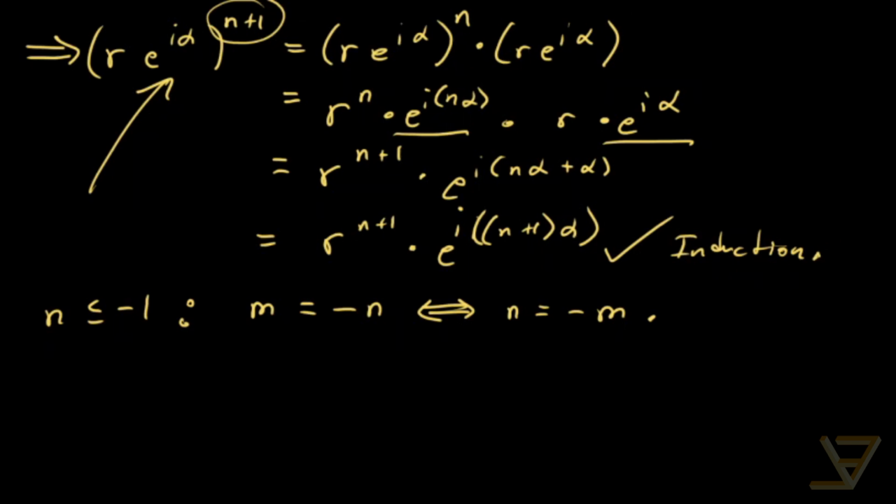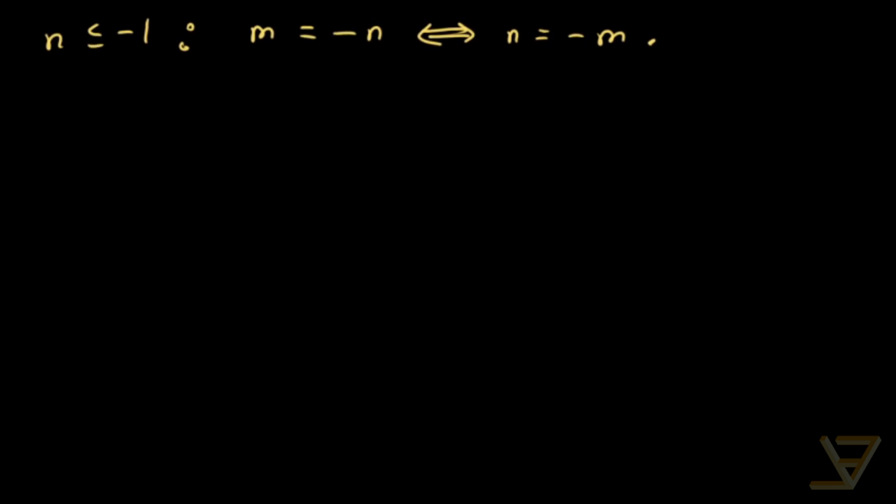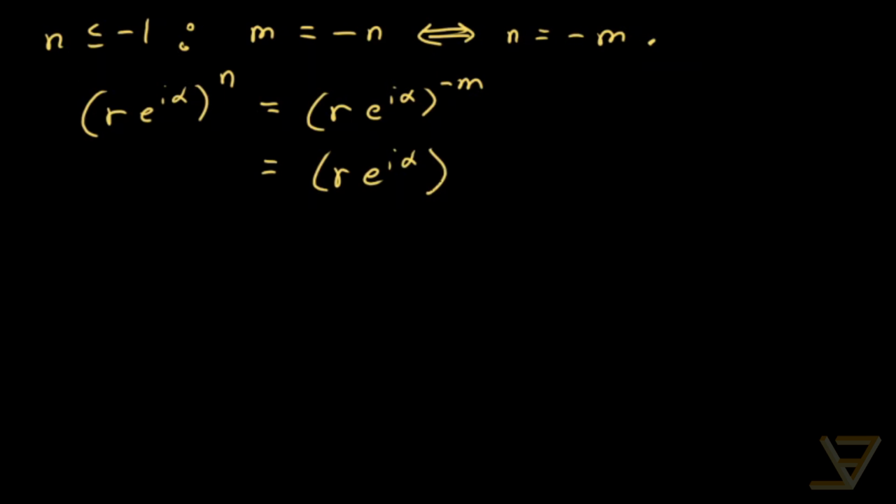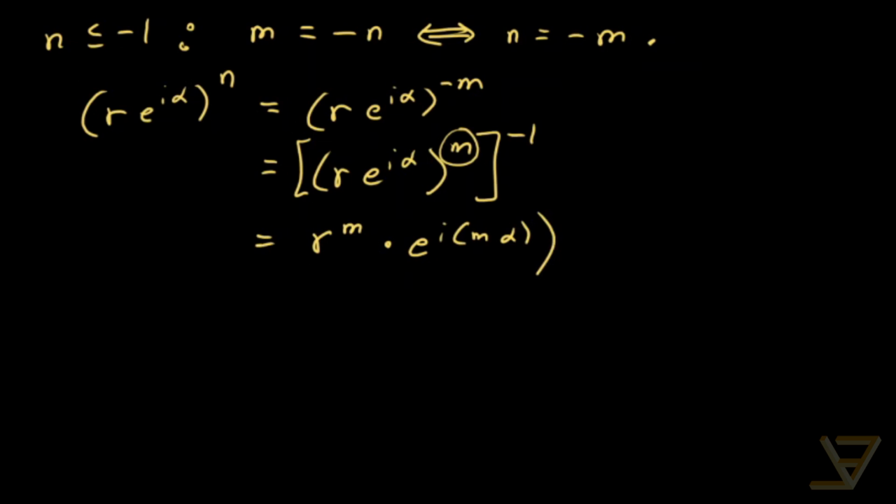And what we get is that (r e to the i alpha) to the power of n is equal to (r e to the i alpha) to the power of -m, because n and m are negatives of each other. And that is equal to (r e to the i alpha to the power of m) to the power of -1, since that exponent rule holds. Now m is positive, remember, so we can write this as (r to the m times e to the i m alpha) to the -1.